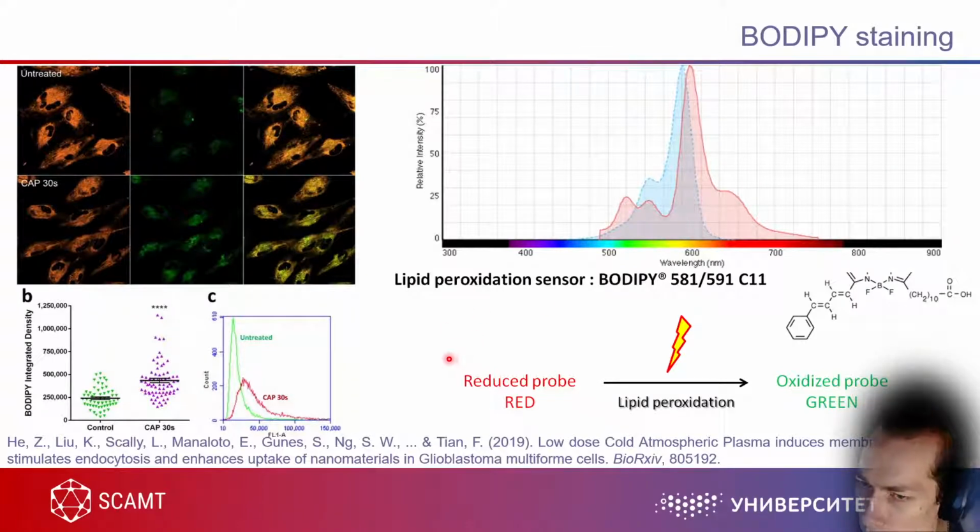Lipid peroxidation is again one of the main processes of cell damage by reactive oxygen species. Excitation and emission for BODIPY are in a very narrow region, as you can see, just a 10 nanometers difference.